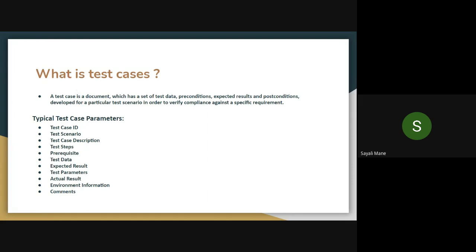Now here one question arises: whether these test case parameters are compulsory for every company. Your answer should be no. All these things are not compulsory for every company. The parameters change as per the project requirement, or the software requirement, of the different company.